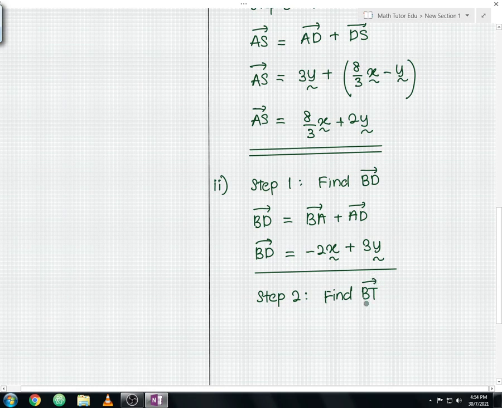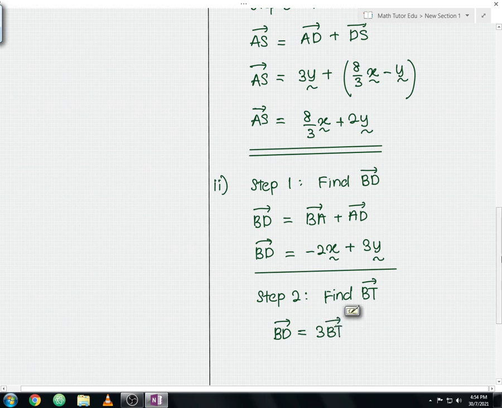In the question they have already given the relationship between BD and BT: BD is equal to 3 times vector BT. I mean BD is equal to 3BT. We can use it for vectors. So in this case we're going to apply the relationship over here. So vector BD is equal to 3 times vector BT.